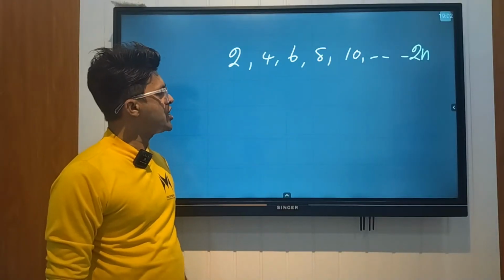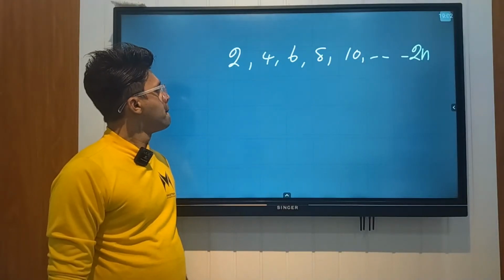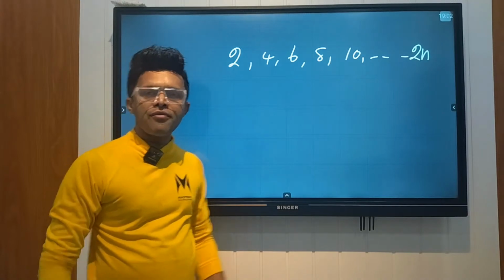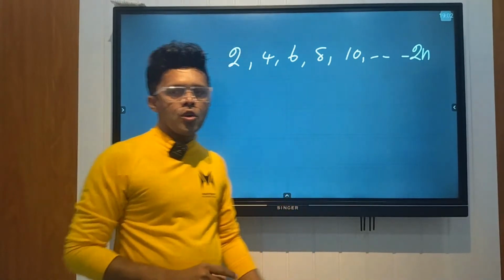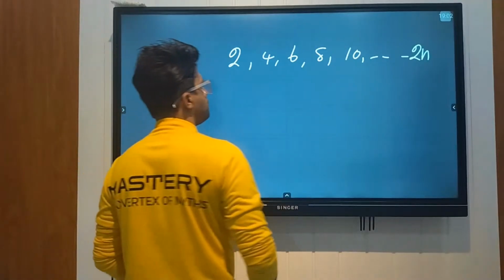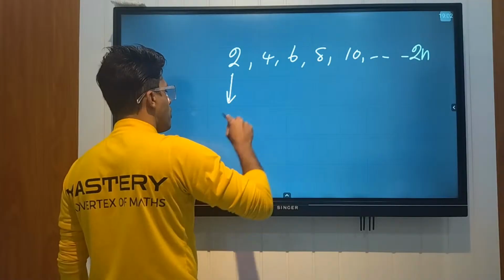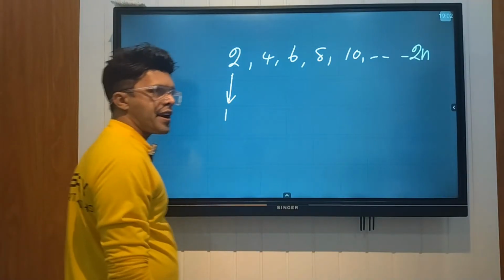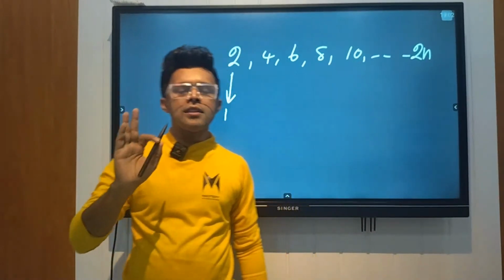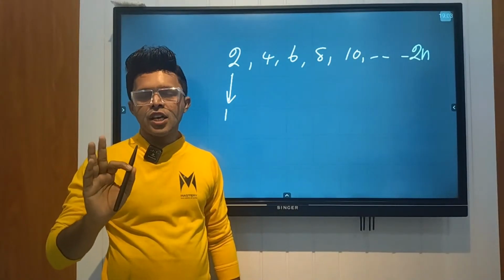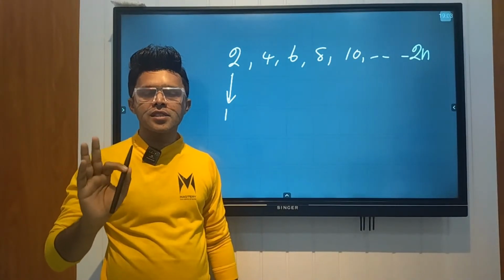We should get the general term of odd numbers. I will write here, then here 1, right? Very carefully, if you can listen to me, definitely you can realize this.